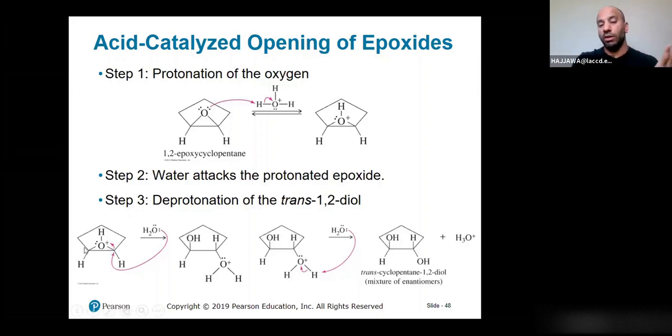In this case, it doesn't matter which carbon you pick, but if there is a substituted carbon versus the other, obviously we'll pick the more substituted one because it's more electropositive. Once you do that, you're going to end up making a protonated diol, and the protonated diol will react with water to abstract that hydrogen to end up making the trans diol.